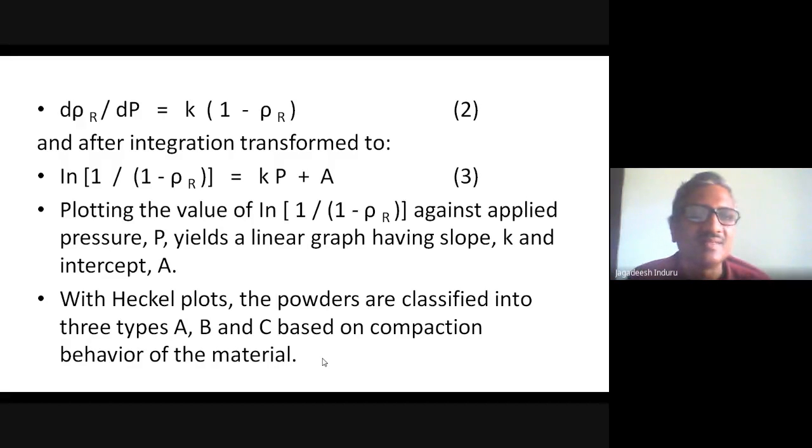But from the physical pharmaceutics point of view, you need to see the powder behavior first, then you can enter into tablet manufacture. Without knowing powder behavior, you cannot understand tablet manufacture. That is the reason we are categorizing all our pharmaceutical powders into 3 types, type A, type B, type C, based on the equations and the curves. And then we call them Heckel type A, type B, and type C materials. So how they appear, we will now be seeing.